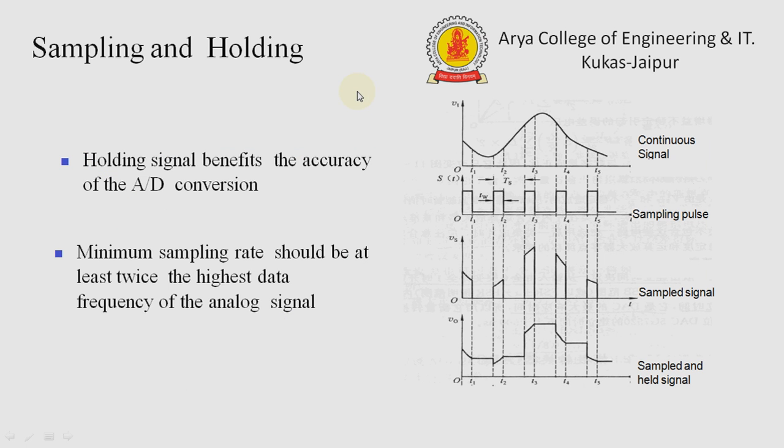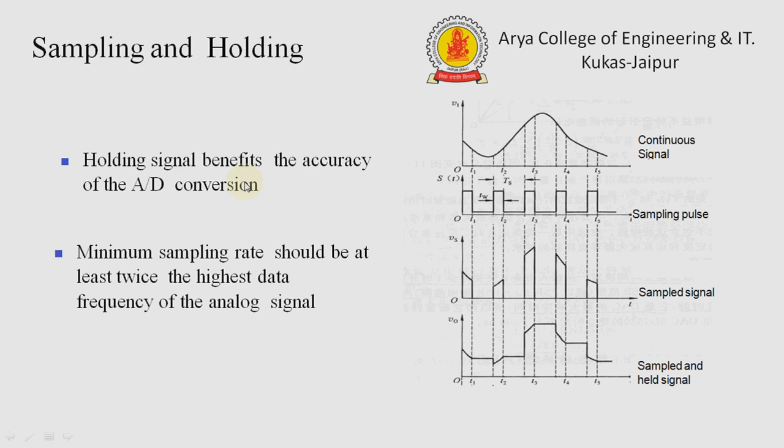So this is the brief of sampling and holding a signal. Here is the continuous signal. This continuous signal passes through the sampling pulse, and then it converts this continuous signal into the sampled signal. So here is the sampled signal, and this signal is then applied to the hold circuit. After the sample and hold circuitry we get this signal.